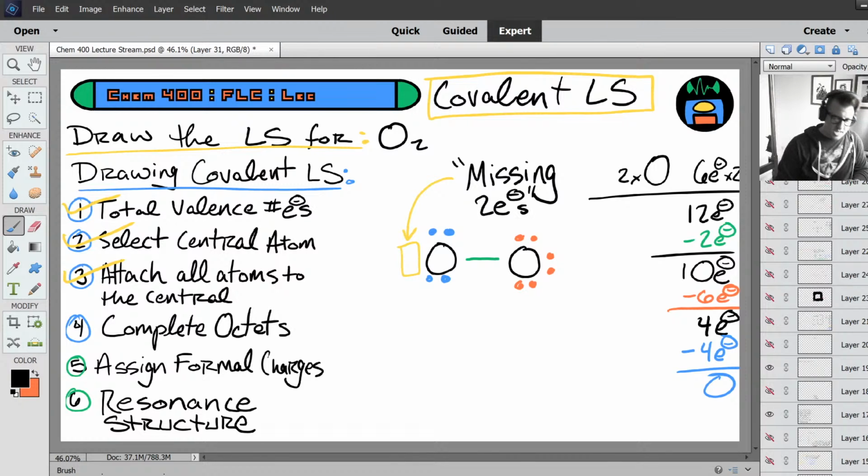And you'll notice I put that in quotes, right? The electrons aren't missing, but it's going to feel like you are. When you feel that feeling, here's how you solve it, all right?